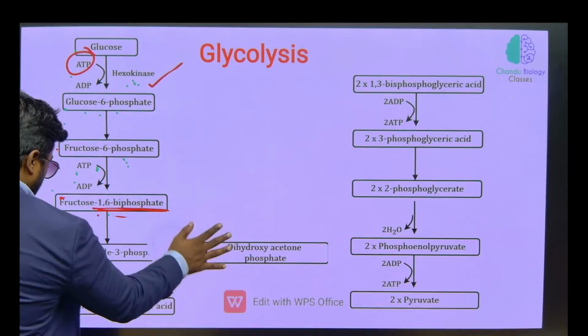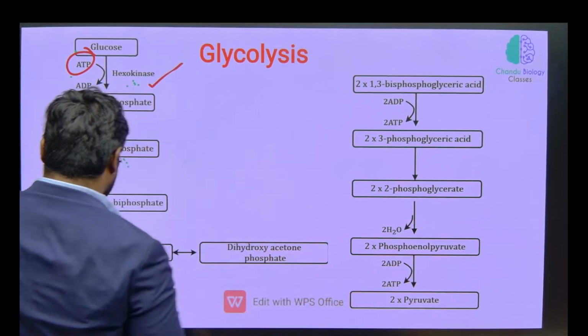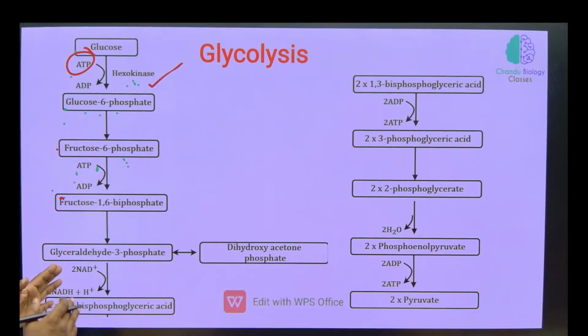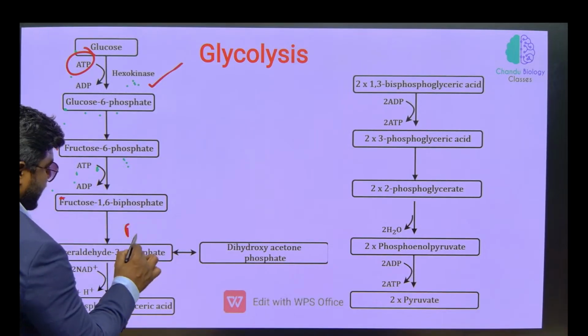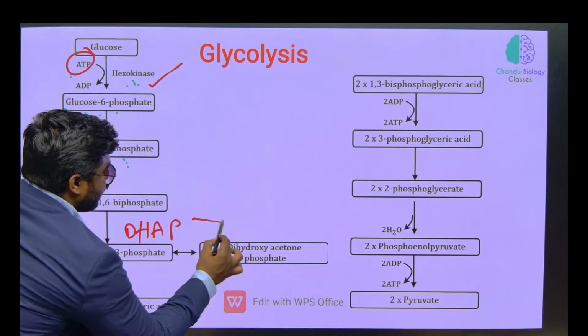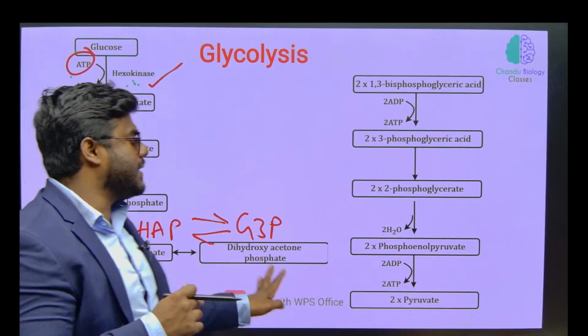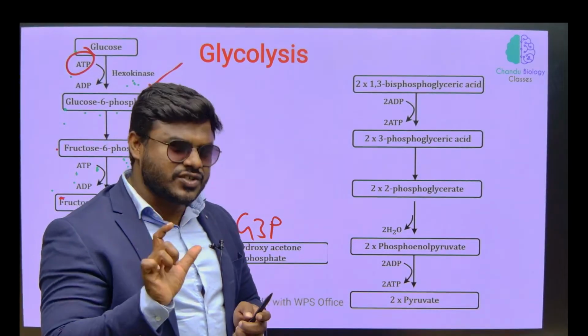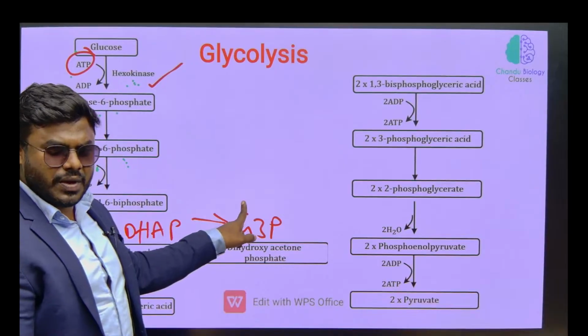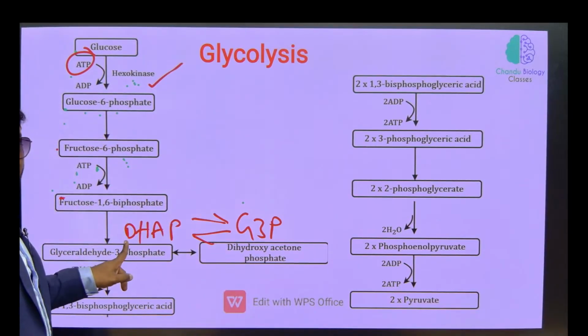Now friends, no point in getting confused here. I want you to understand the point correctly without confusion. Like this I can write: DHAP and G3P are alike. What do I mean by that? Whatever function is performed by G3P, the same function is performed by DHAP.